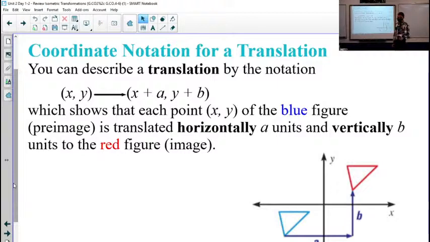So like I said, we're shifting up, down, left, right. So we're going to organize it into how far left and right we are moving, and then how far up or down we are moving. Because x is in charge of left and right, the x plus a will tell us how far to the left or to the right we are moving our shape. And then the y plus b will tell us how far up or down we are moving our shape.